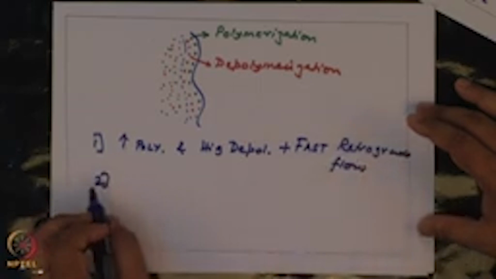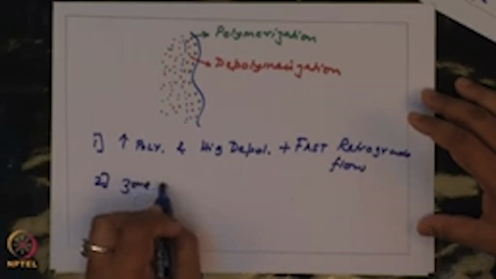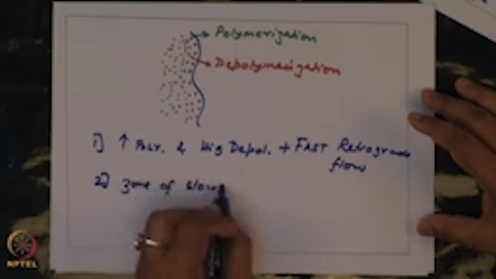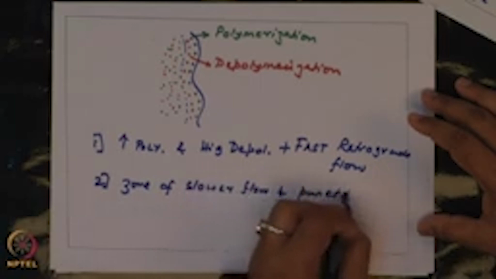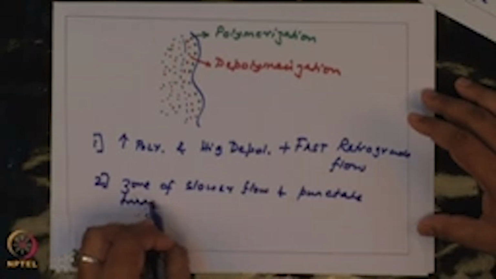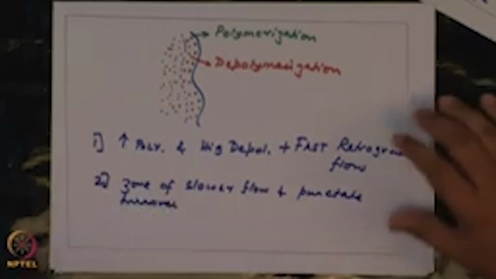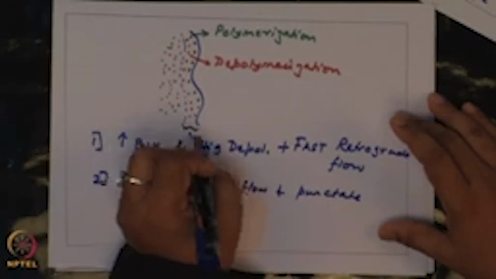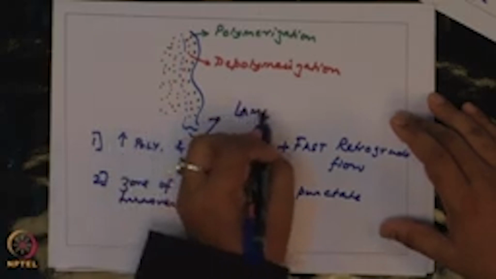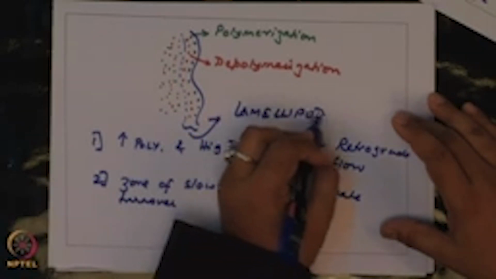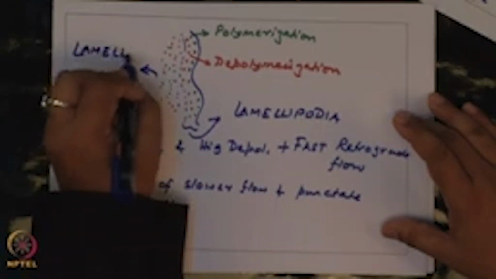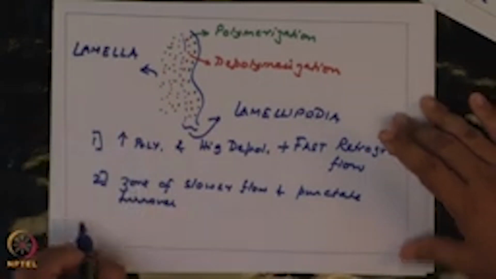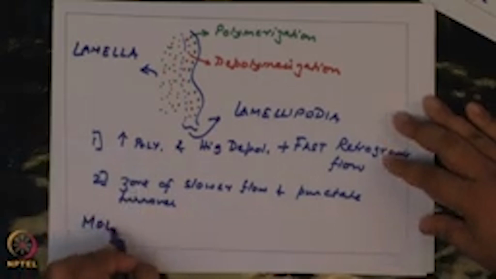In the second, you have a zone of slower flow and a punctate turnover pattern. The first zone is called the lamellipodia, and the second zone is called the lamellum or lamella. I also discussed that these two zones are molecularly distinct.